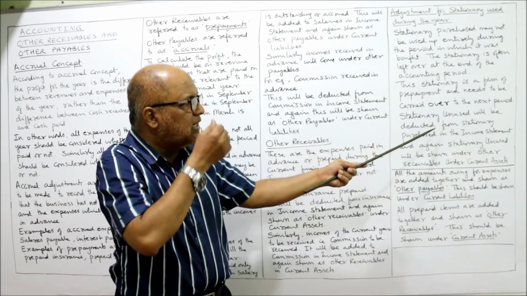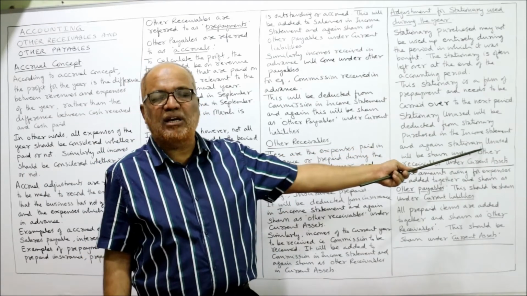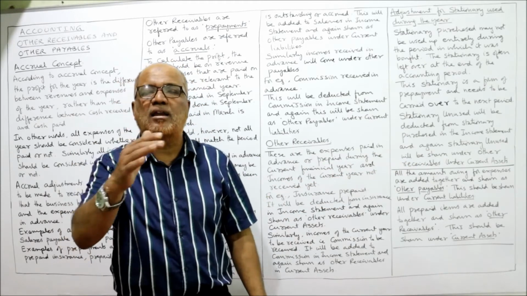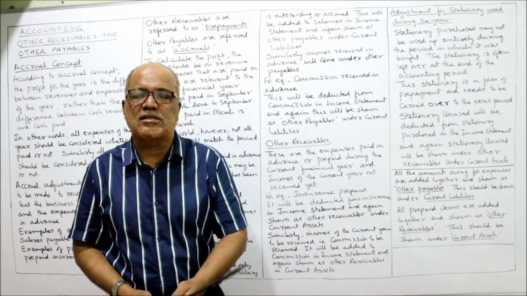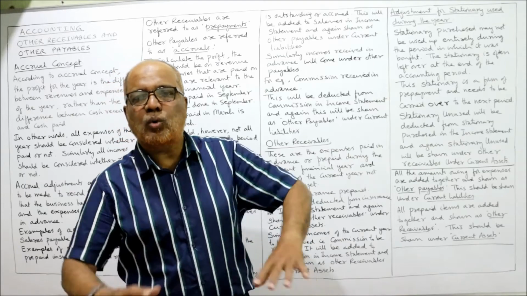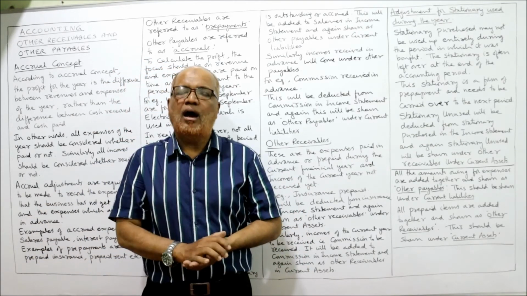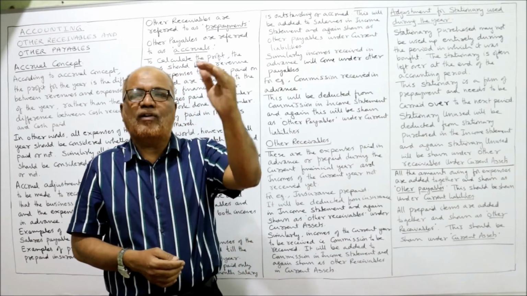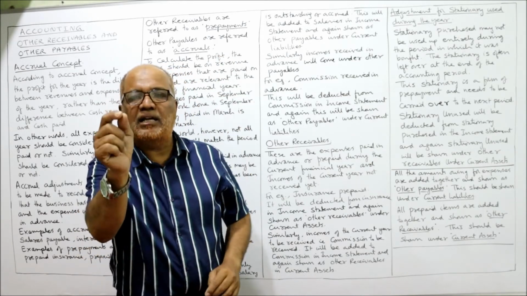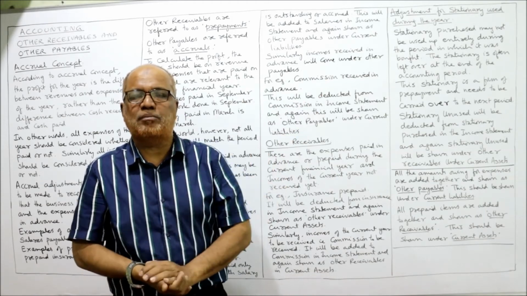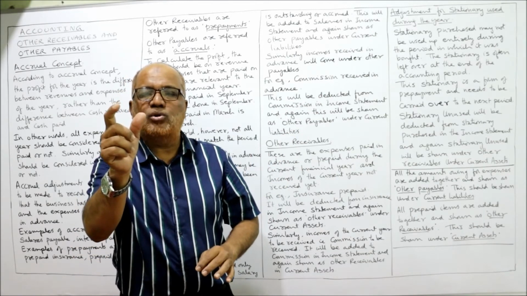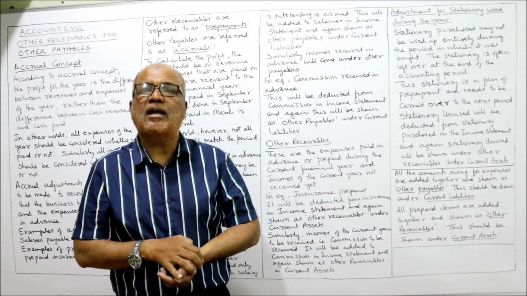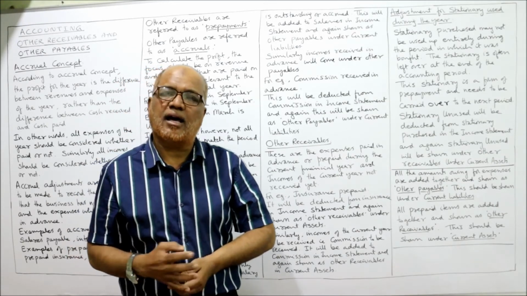Stationery unused will be deducted from stationery purchased in the income statement, and again shown as other receivable under current assets. So 1 lakh minus 20,000, 80,000 stationery should be taken in the income statement, and the 20,000 unused stationery should be taken to the statement of financial position as other receivable under current assets.